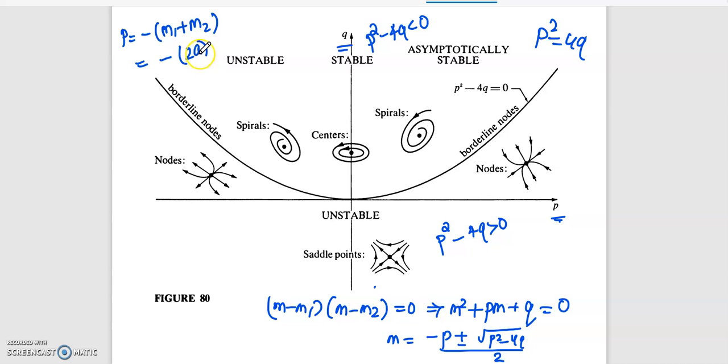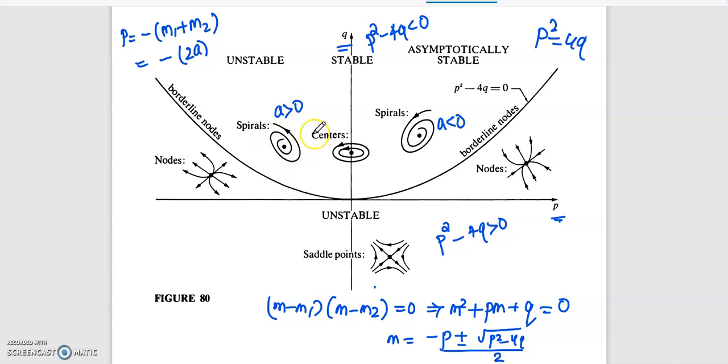So when a is negative, p will be positive. So we will be getting a spiral which is asymptotically stable. That is what is shown here. So this is the case where a < 0, and when a < 0, p > 0.